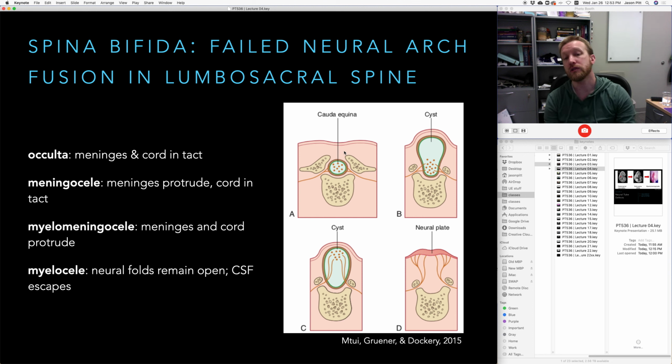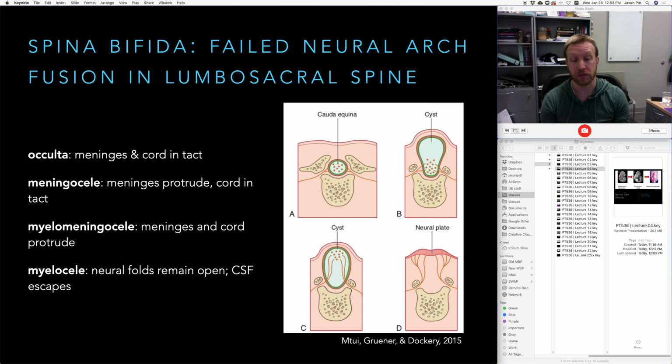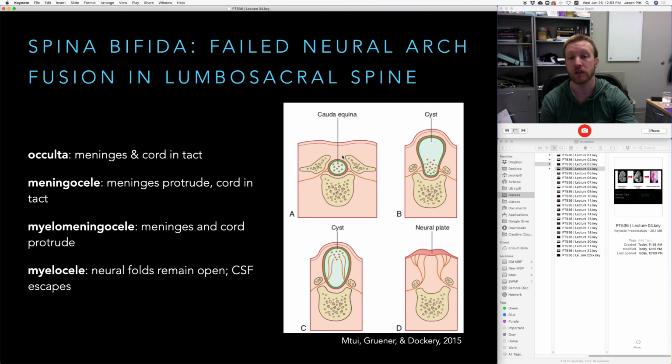I don't know what goes on there. Usually this is discovered accidentally, just because some imaging is performed on the back and they happen to notice that you have a failure to fuse. So you don't see motor or sensory deficits, just a little hairy skin. The other types of spina bifida will create some kind of sensory motor deficits.